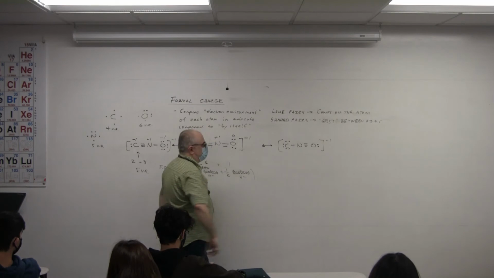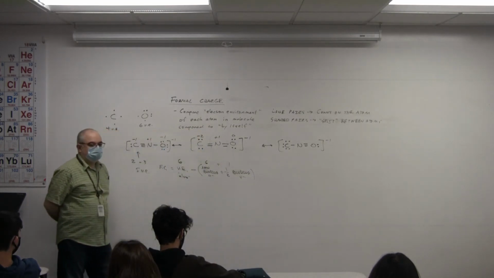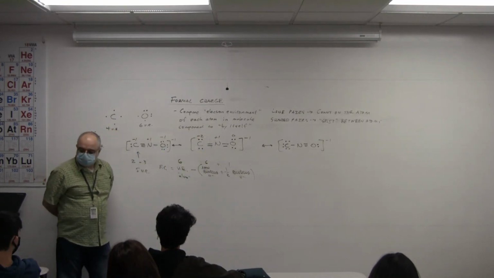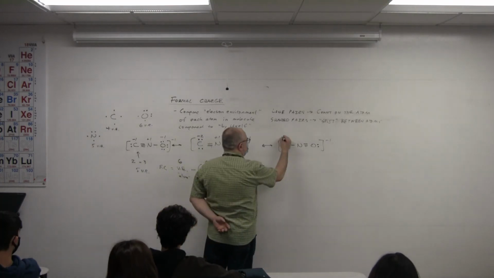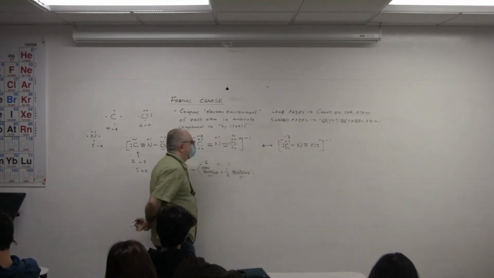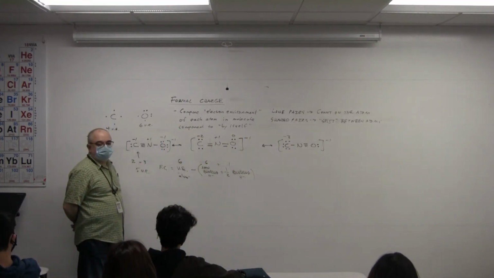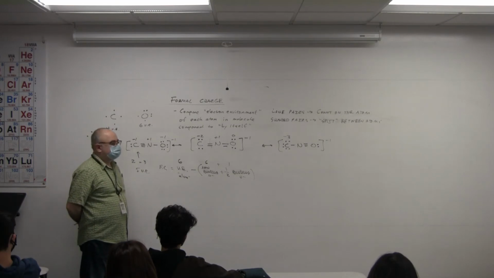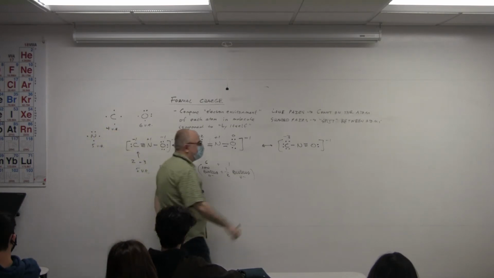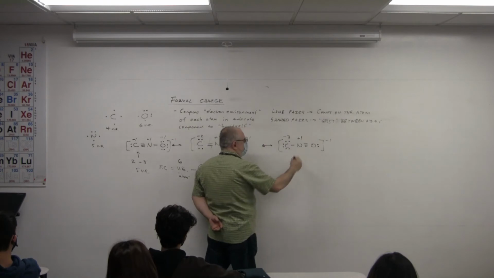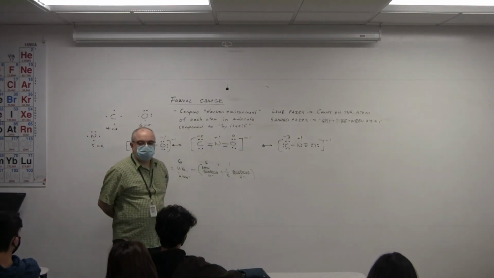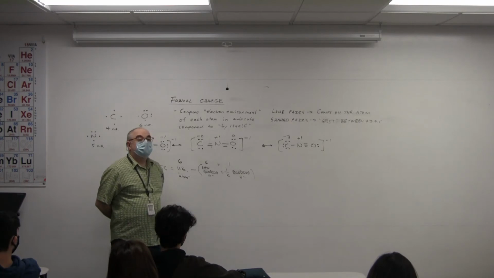Let's look at the last one. What would the carbon's formal charge be here? Good, -3. What about the nitrogen? That's right. And the oxygen? +1, right?